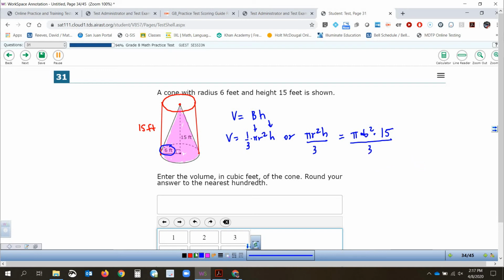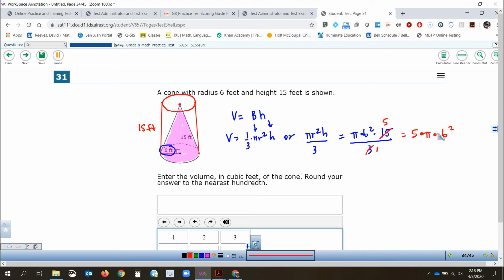All right, now hopefully you remember that when you have a fraction and you have a number in the denominator that is a factor of the number in the numerator, you can divide. So I'm going to go ahead and divide here before I go to the calculator. 3 goes into 3 1 time, 3 goes into 15 5 times. So what I actually want to do in my calculator is 5 times pi times 6 squared.